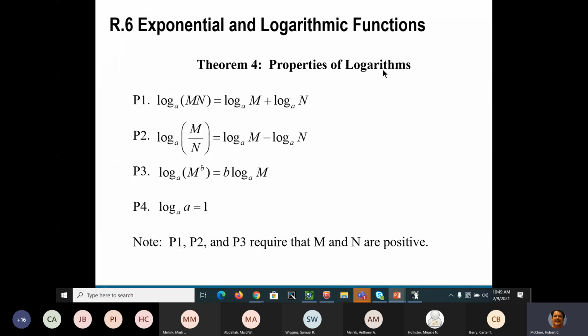That is the product rule, the quotient rule, and the power rule. And there's also one of those little basic rules, property number 4. That's one of those basics that you should know. Anytime the base is equal to the number, then it's equal to 1. And the log of 0 is equal to 1.